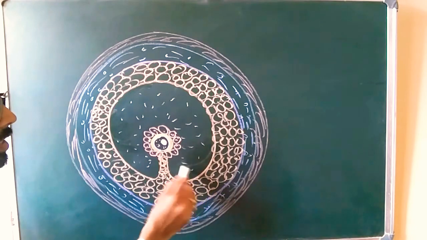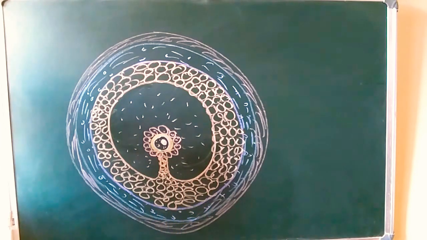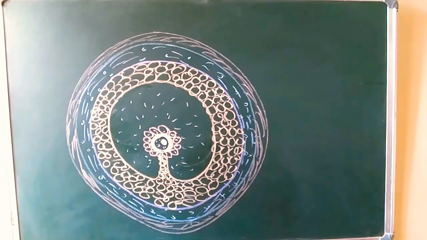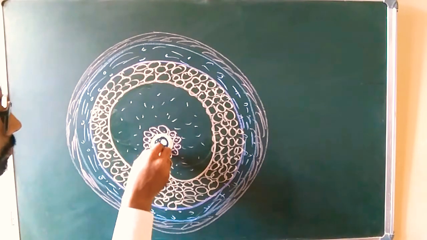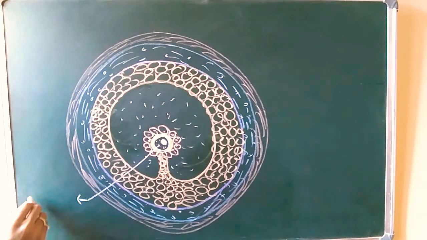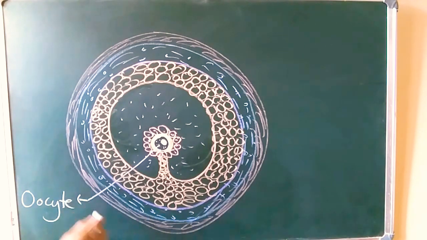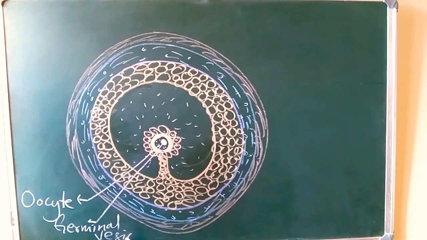So we'll start with the labeling now. After this, you can put the labelings. This one you can label as the oocyte. This nuclear structure you can label as germinal vesicle.